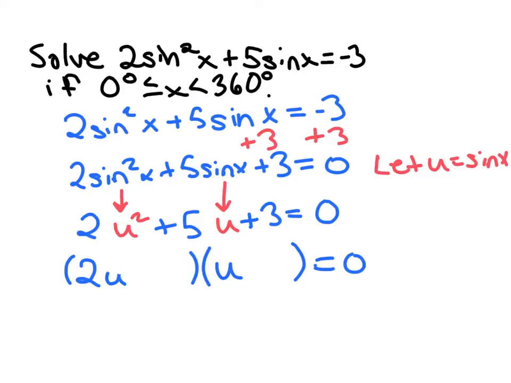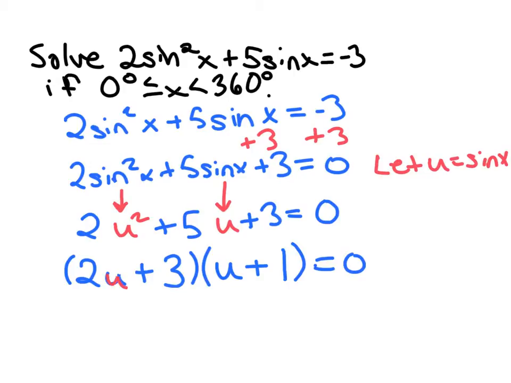So if we put a 1 here and a 3 here, note that, first position 2u times u, there's 2u squared. Outside, 2u times 1 gives me 2u. Inside gives me 3u, so that adds up to 5u, plus 3. All right, so one way or another you want to get this thing factored. If you want to go back and look up the divide and slide method or something like that, you can.